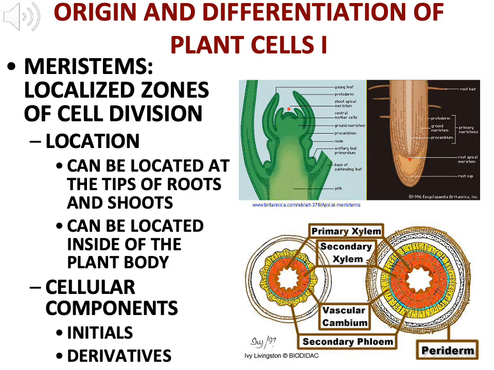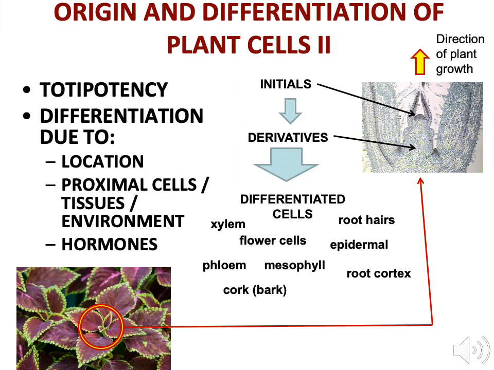So let's take a look a little more at this basic idea here. So let's continue this discussion about where plant cells come from. We're also going to try to get into the issue of differentiation. Now you'll see the first bullet point here tells me that plant cells demonstrate what we're going to call totipotency.